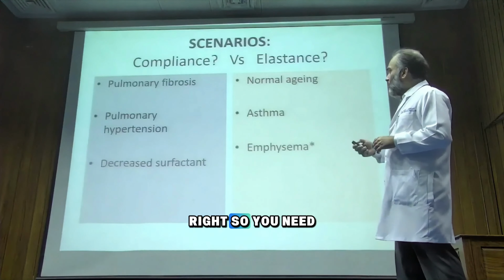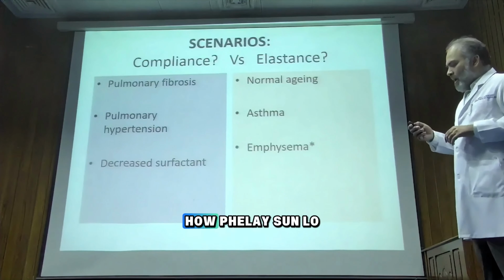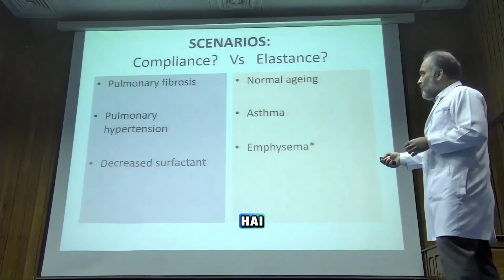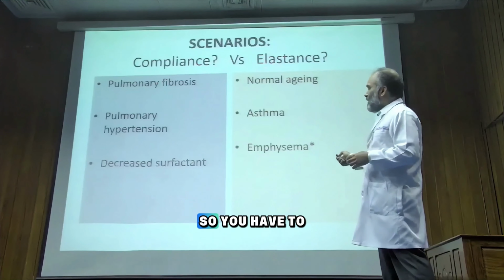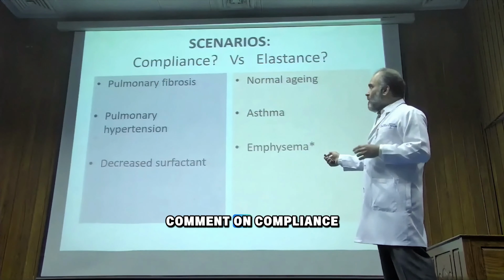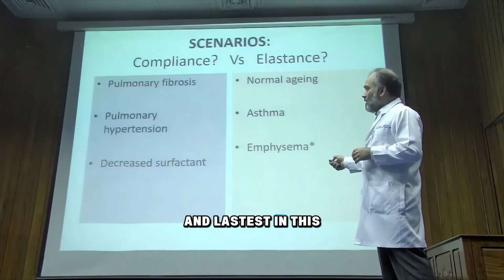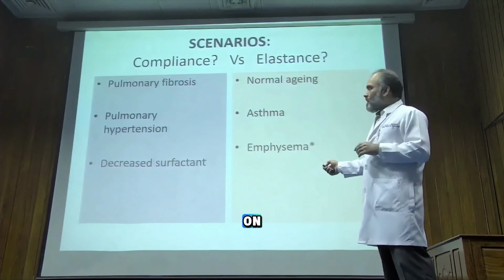Right. So you need to work out on these 6 things. How? First listen, so that you understand what to do. So one is, this is compliance versus elastance. So you have to comment on compliance and elastance in this thing called pulmonary fibrosis, which I have been talking about off and on.